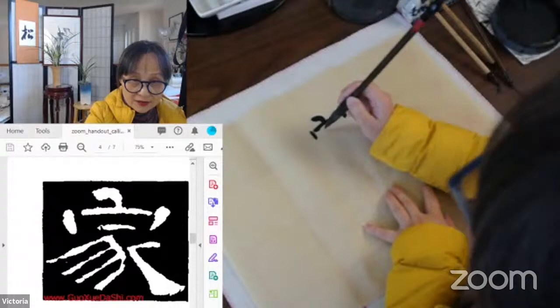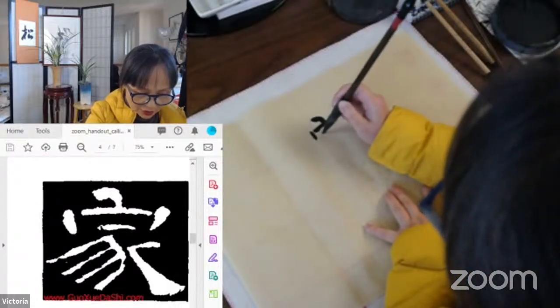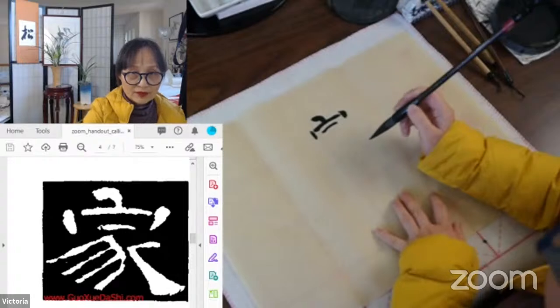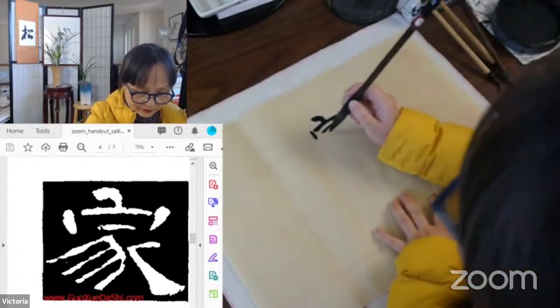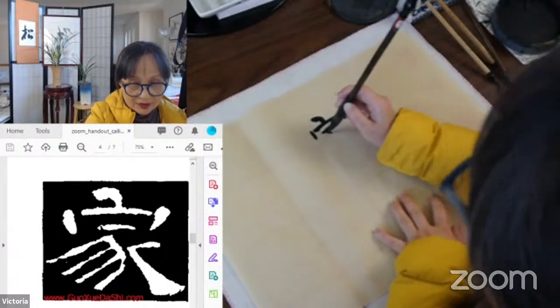Okay, and the small one, same way to do: back, conceal, and then go. And then the hunchback thing, same thing. Hide the tip, conceal the tip, and go.